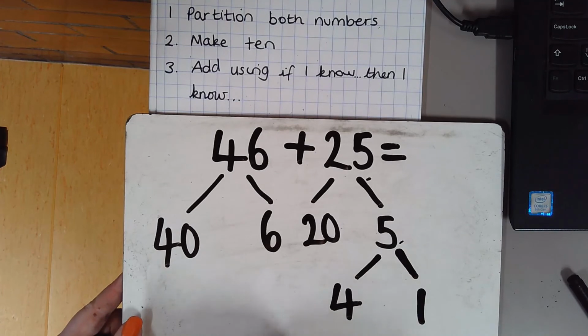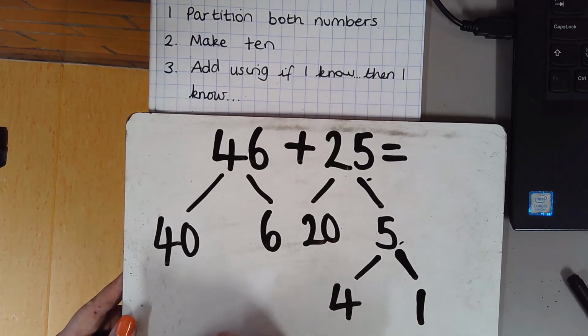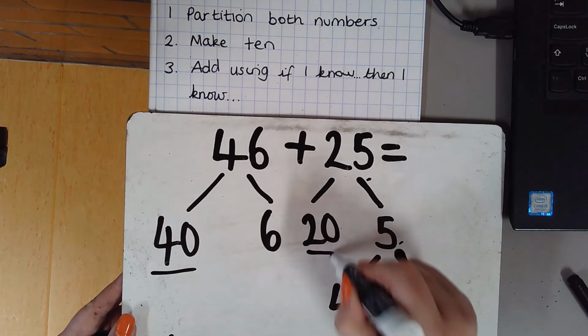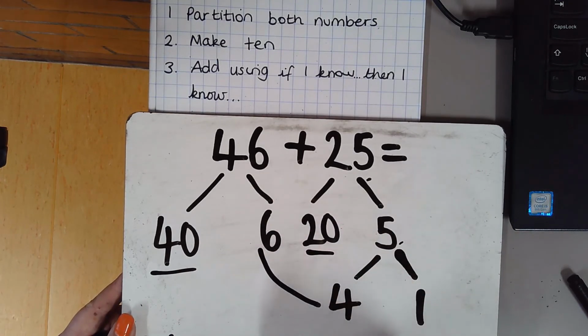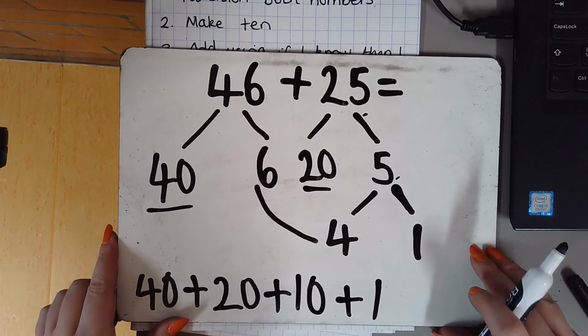Let's go through and make 10. Add using if I know, then I know. 40 add 20, make 10, add 1. And I'm always adding my 10s numbers first before adding my 1s.